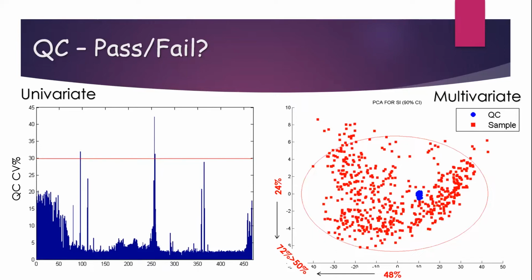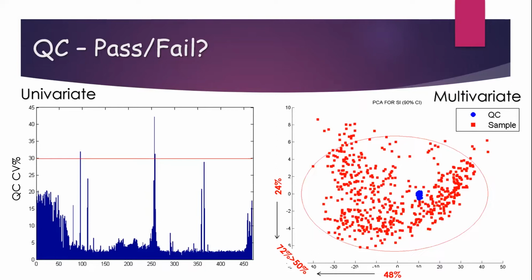Multivariately, it's a bit more complex, and you have to look multivariately in the metabolomic setting because that's what you're doing. You're looking at the global metabolism. In the multivariate context, you can only assess the general acceptability. You can do this by constructing a PCA like the one I've got here, where your grouping indicator is your experimental samples and your QCs.